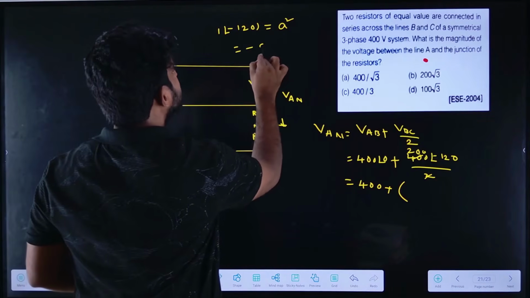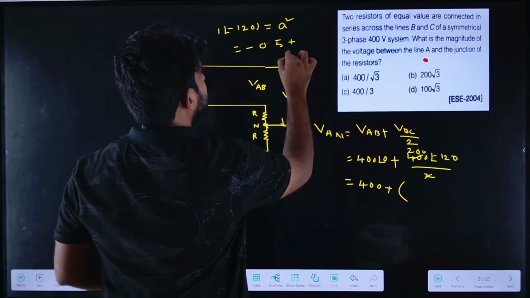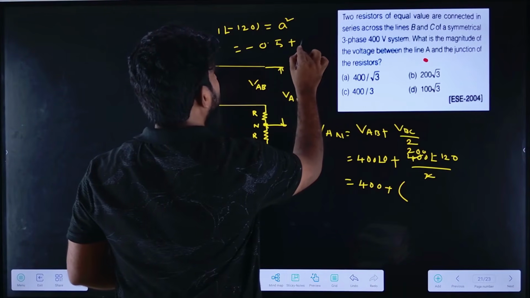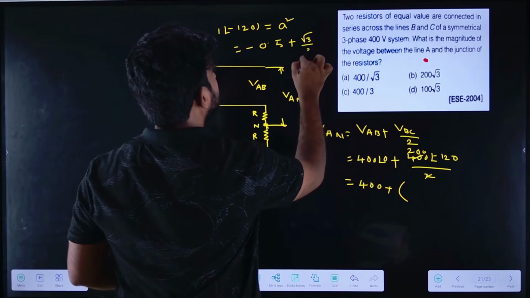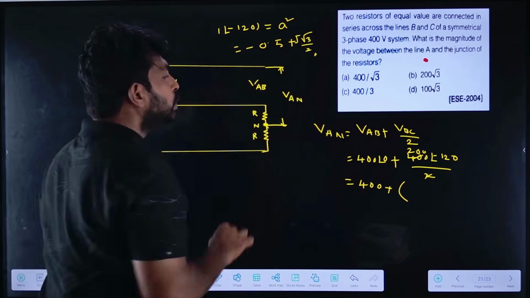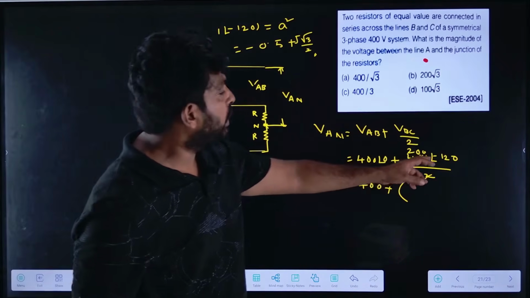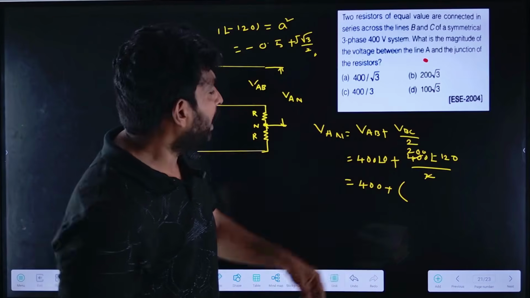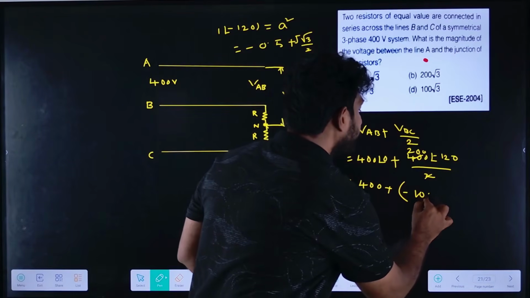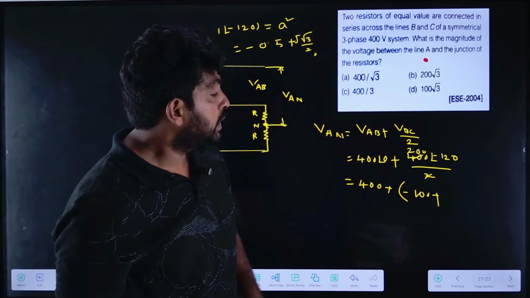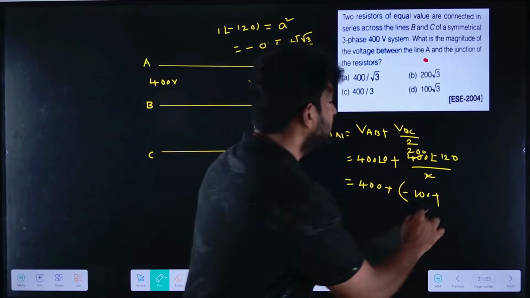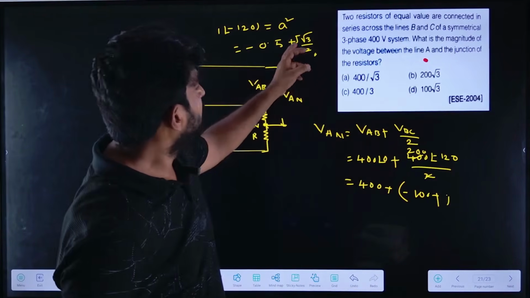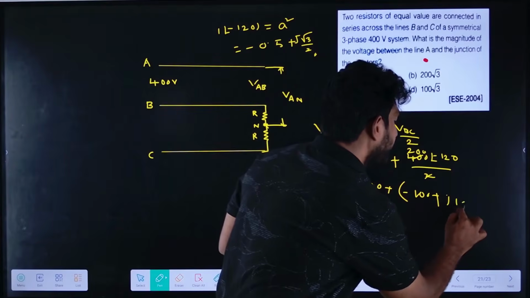So it is minus 0.5 plus j 0.866, or minus 1/2 plus j root 3 by 2. If I substitute in this, it will be minus 100 plus j 100 root 3.